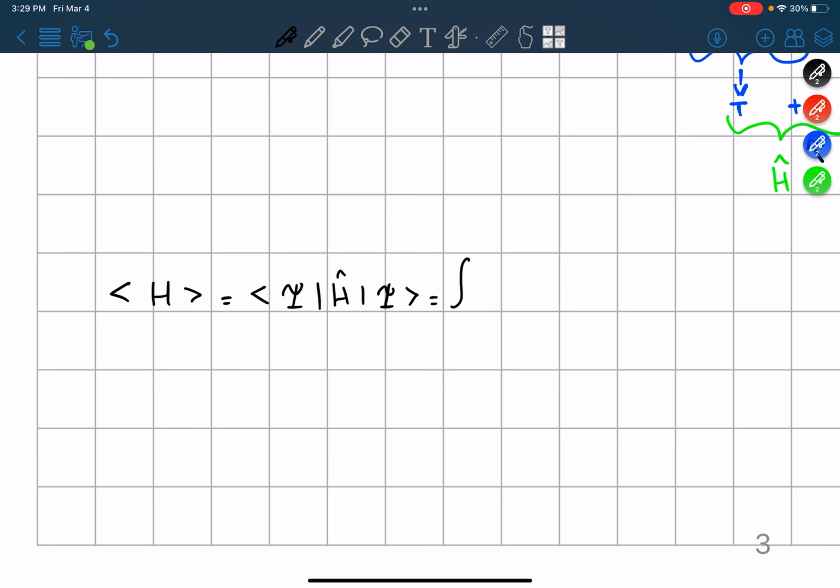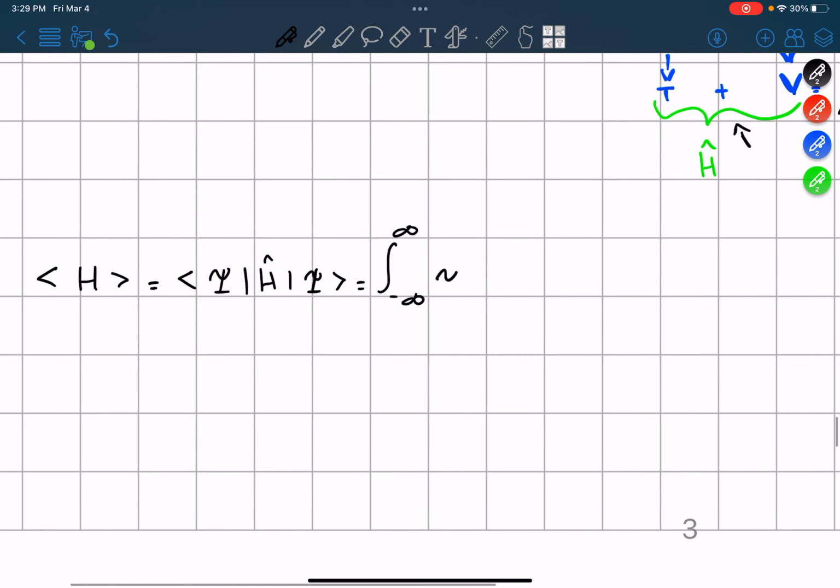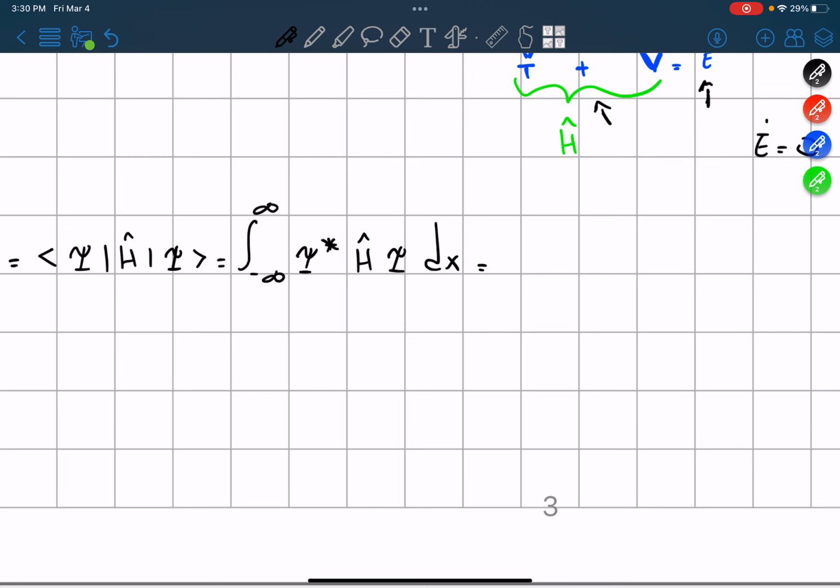So this is going to be the integral from negative infinity to positive infinity of our psi complex conjugate, and then H hat, and then our normal psi dx. Now we can take the E out because this is constant, and then we'll have the integral from negative infinity to infinity.